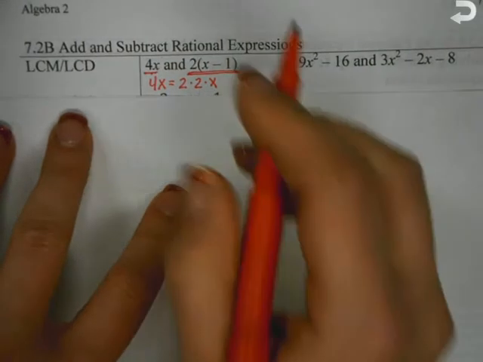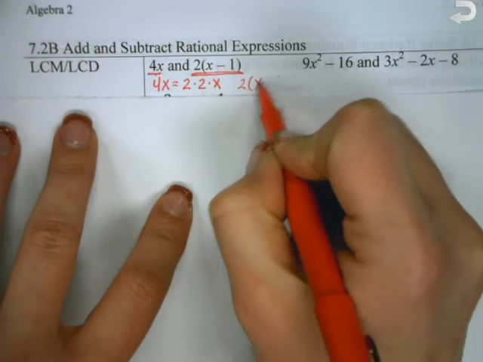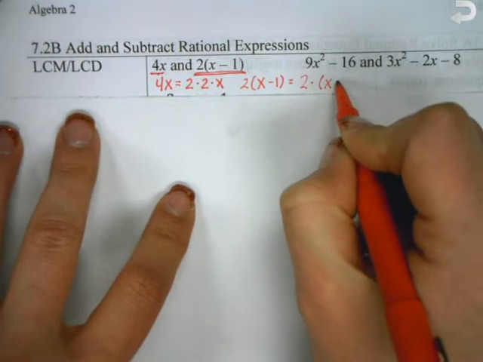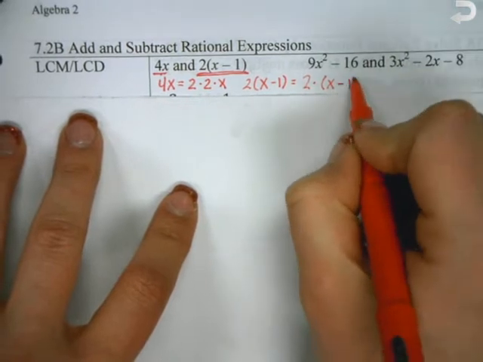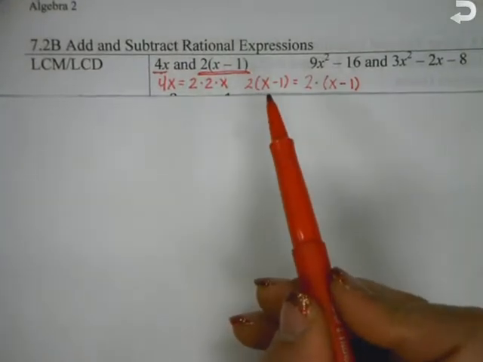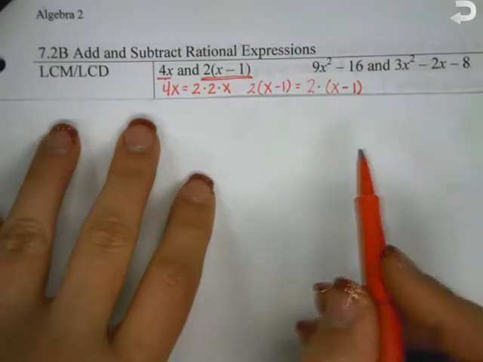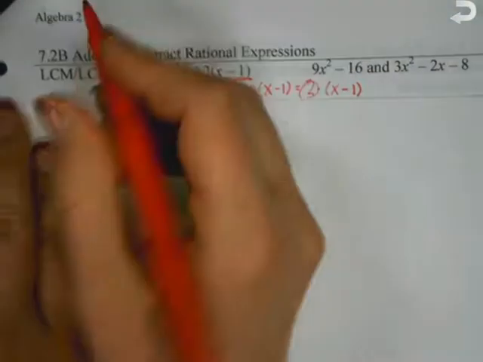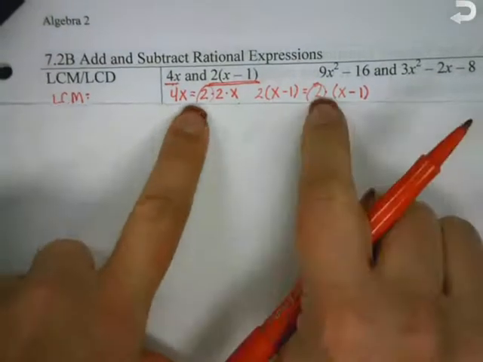Okay, and how would I factor this guy out? 2 times x minus 1 is the same as 2 times x minus 1. So this one is already pretty much factored for us. Okay, so what are my common factors? What do they have in common? They each have a 2 in common. So to find the LCM of both of these, I have to include those 2's.